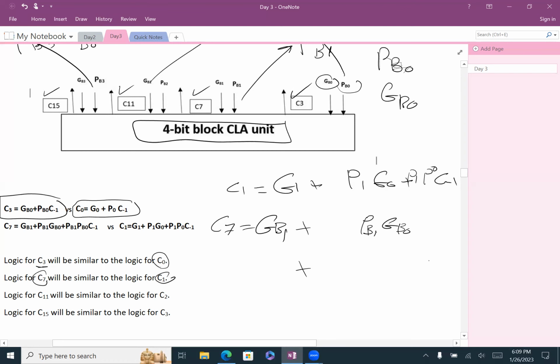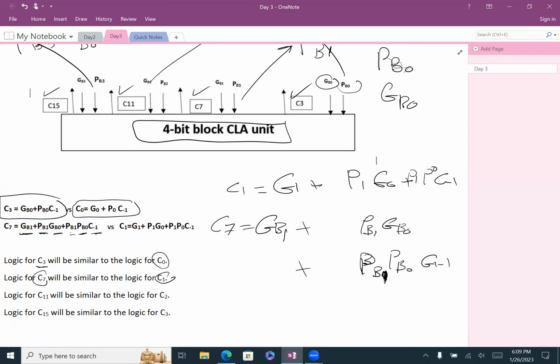Or the last one, it's coming from outside and gets through block 0 and block 1. So if you read the equation here, either you generate it at block 1 or generate at block 0, then propagate it through block 1, or it's coming from outside and it's propagated from block 1 to block 2. All right. Clear?